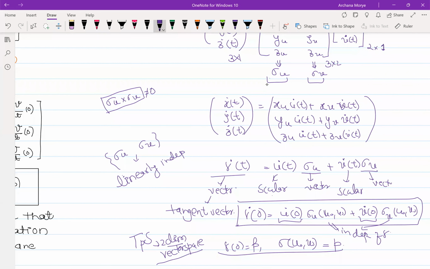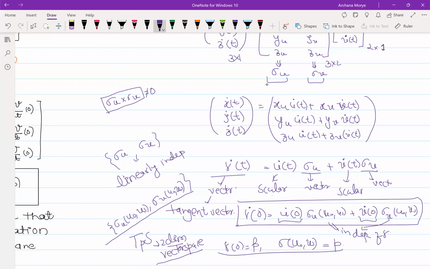What we showed is that any tangent vector is a linear combination of this. Suppose I want to say that this is a two-dimensional vector space generated by these two vectors, what do I have to prove? Every tangent vector is a linear combination of sigma u and sigma v.